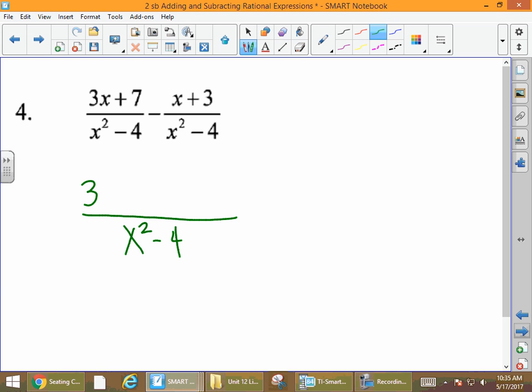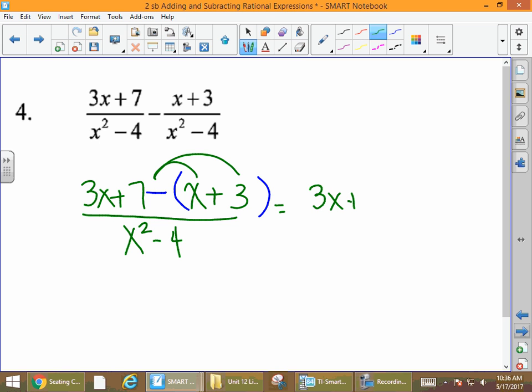It's going to be 3x plus 7 minus this entire numerator. That minus sign applies to the entire top of the fraction. Consequently, we need to distribute that negative here and here.